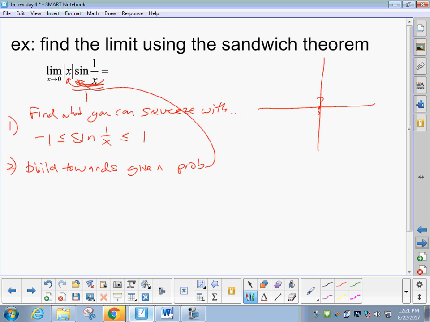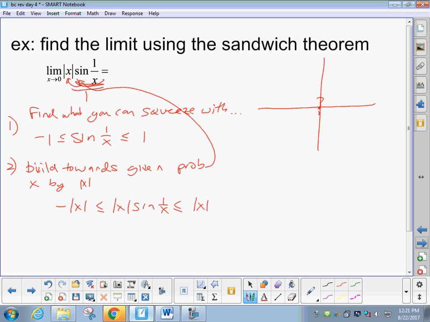If you multiply by a negative, what do you have to do? Flip the sign. But if you multiply by a positive, do you flip the sign? No. But if you're multiplying by absolute value of x, do you really have that issue? No, okay. So we're going to multiply by the absolute value of x, which is mathematically sound because it does not change the inequality. So that would mean I have negative absolute value of x is less than or equal to absolute value of x sine of 1 over x.